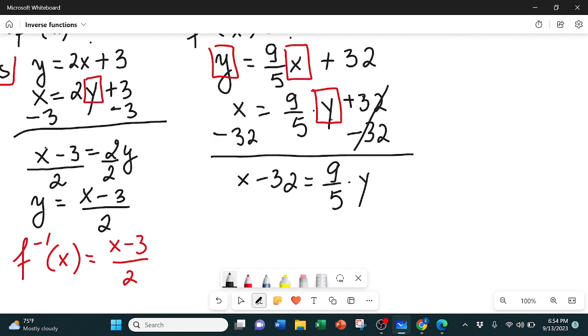How are we going to solve this equation now? For y, we have the coefficient 9 over 5. Now, there are several ways to do this. One way is to divide both sides of the equation by 9 over 5. Or we can multiply both sides of the equation by 5.